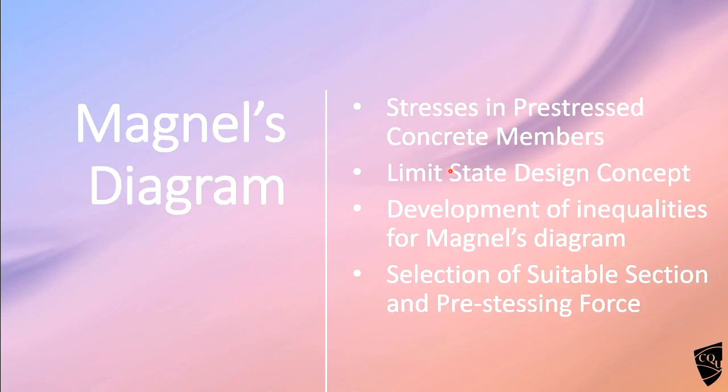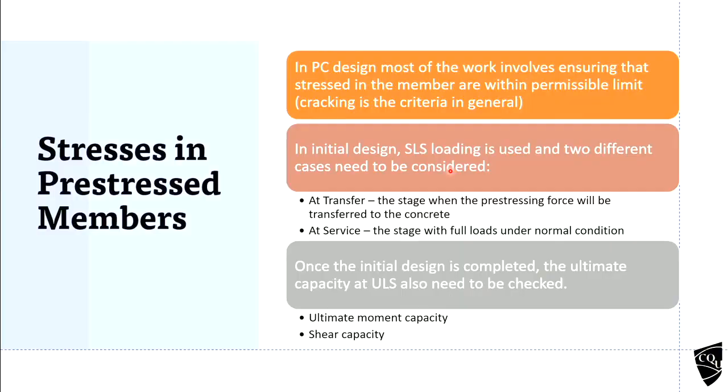So the first thing to draw, to work out this Magnel diagram, or to work towards the Magnel diagram, we should have a clear idea about the limit state first.